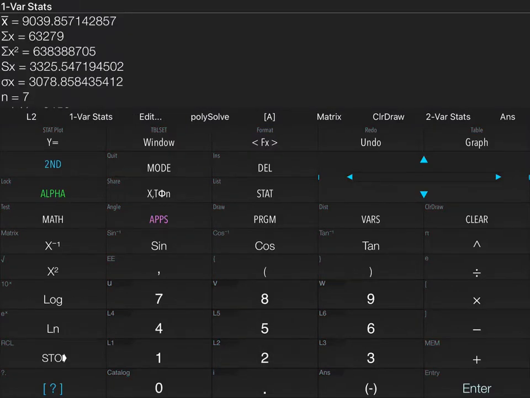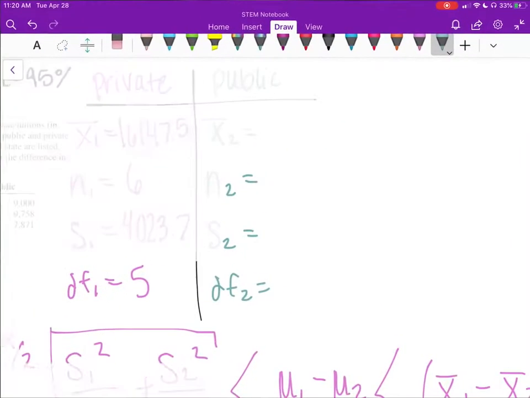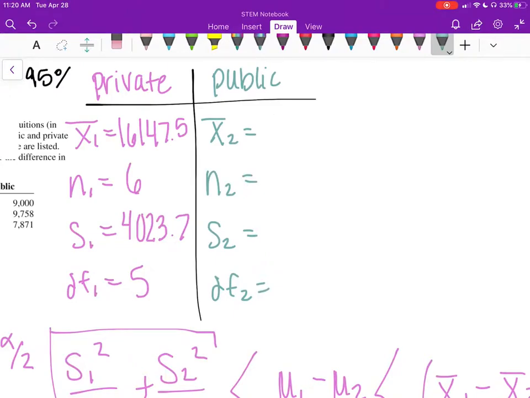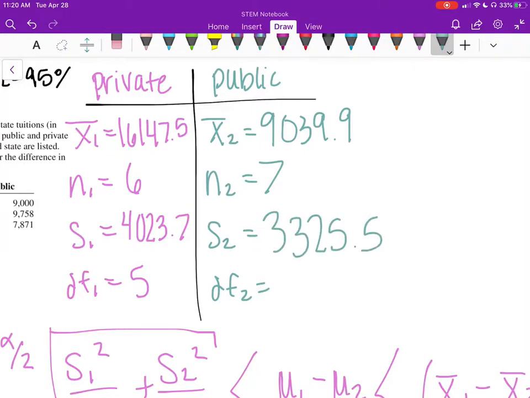So x bar 2 is 9,039.9, and sample standard deviation is 3,325.5, and n2 is 7. And now our degrees of freedom, n minus 1, is 6.